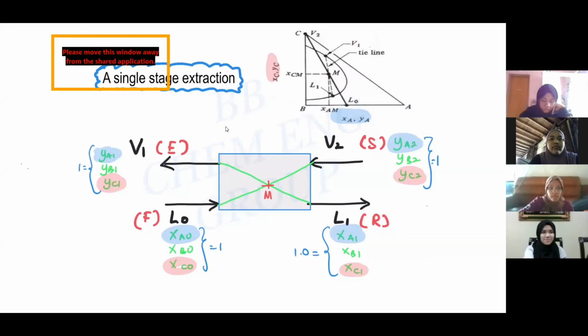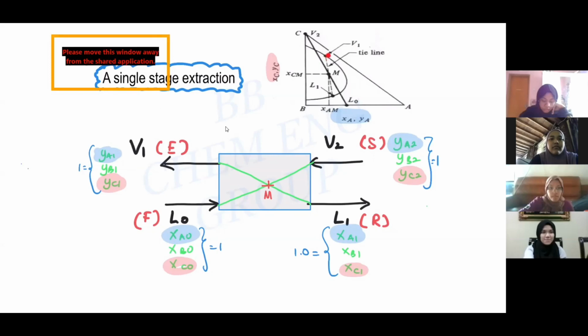If you want to find the information on V1, you just extend the line from L1 to M. So you have L1, you draw to M, and then extend the line. The intersection of the line with the equilibrium line will give you the coordinates for V1.